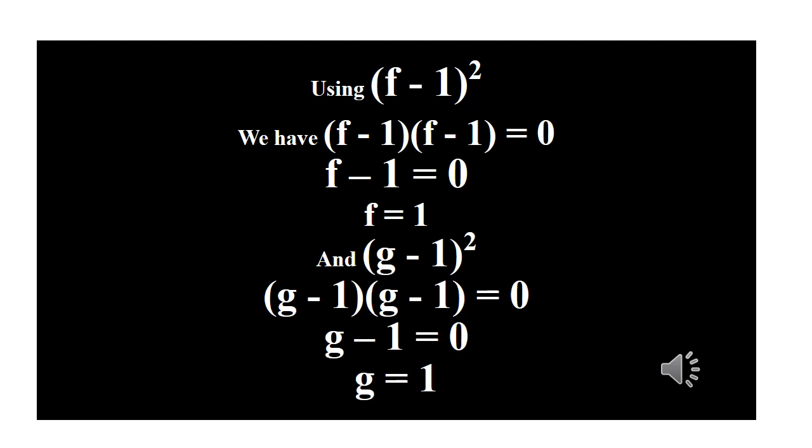If we do the same thing to g minus 1 into bracket squared, we have g minus 1 into bracket, g minus 1 into bracket equals 0. Then we take g minus 1 equals 0, add 1 to both sides, or take minus 1 to the other side, we have g equals 1. So meaning that f is 1 and g also is 1.